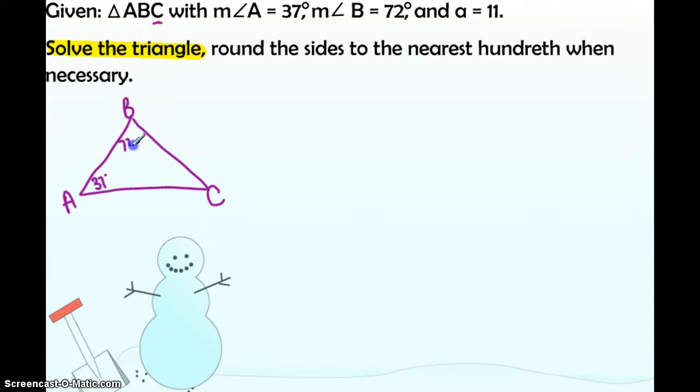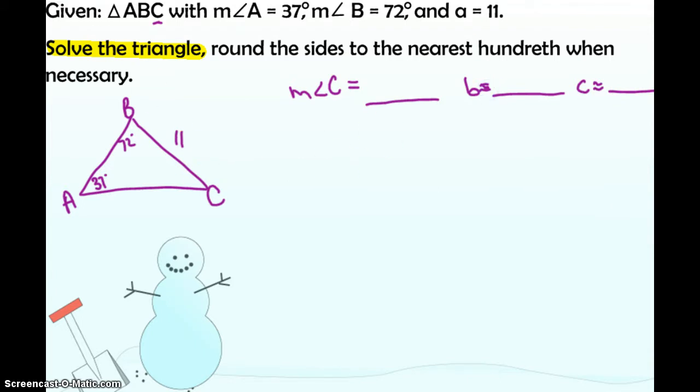Angle B is 72 degrees. And side a, opposite angle A, is 11. So we have three things that we need to figure out. We need to find the measure of angle C, we need to find side b, and we need to find side c. We're going to use approximates, so we're going to make those squigglies.